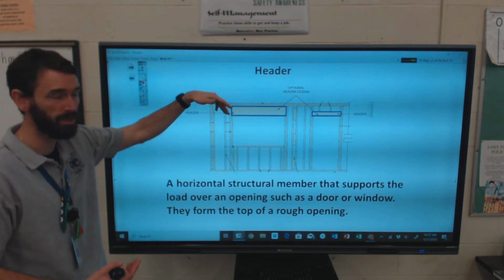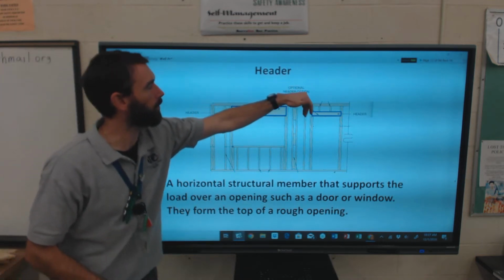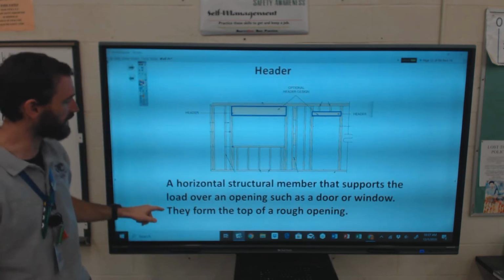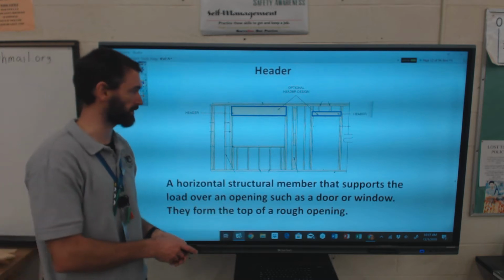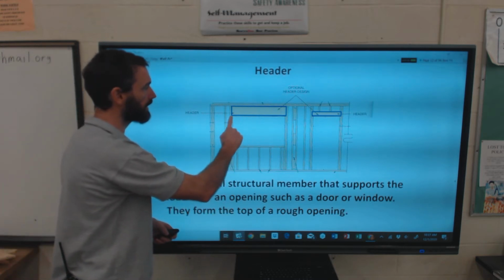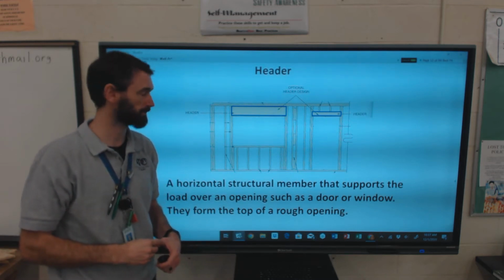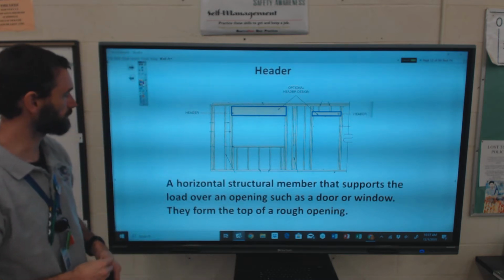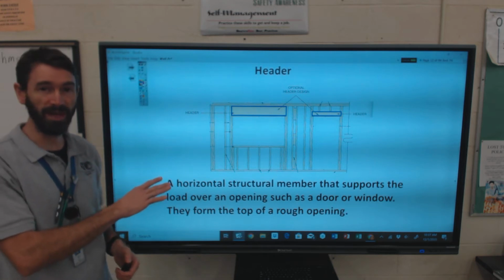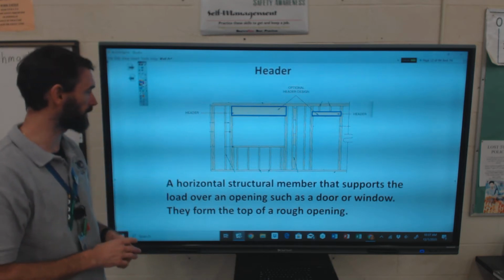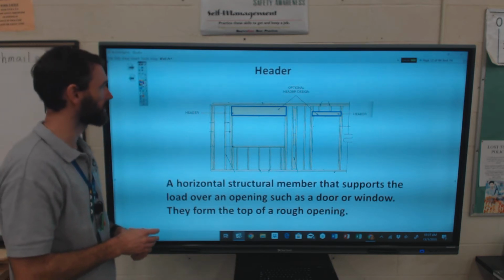Essentially it's a beam that goes above your window or door. They form the top of your rough opening. So here's your rough opening, and your header is always going to be the top of your rough opening. Make sure you have that down, and we'll go on to the next component.